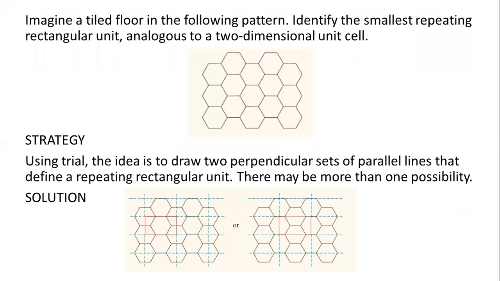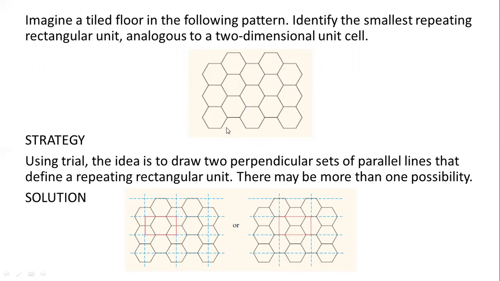Now, let's suppose this is a two-dimensional structure, and you want to identify the smallest repeating rectangular unit, which is the unit cell.